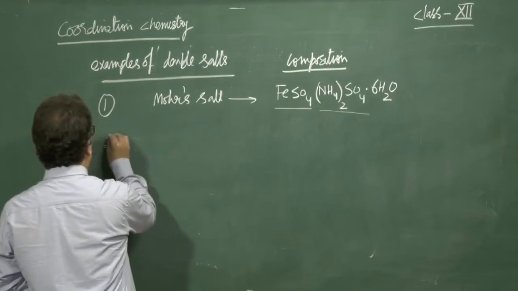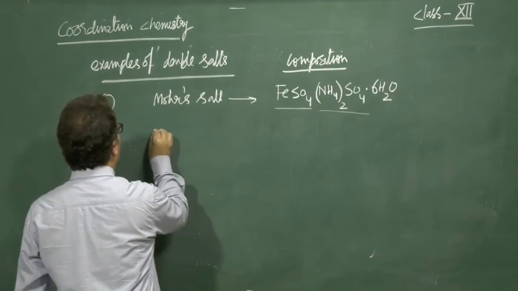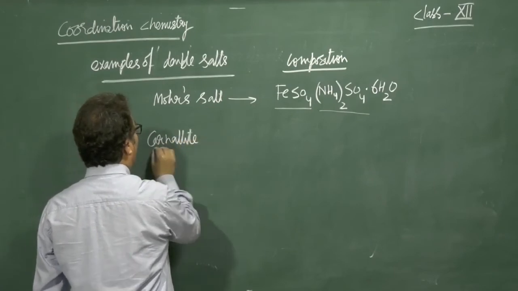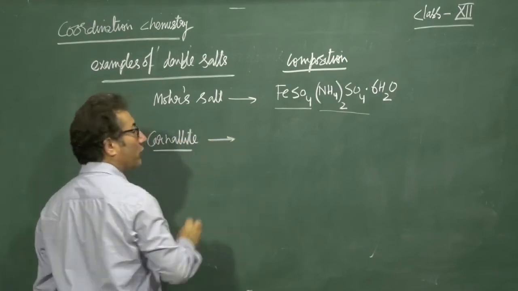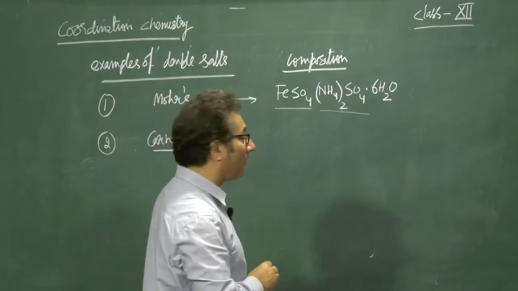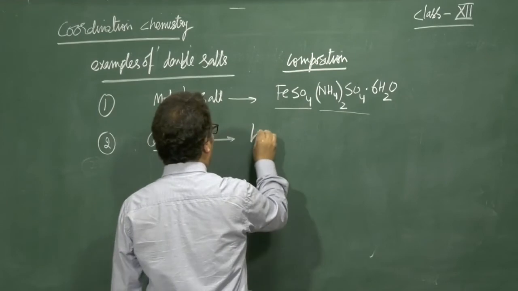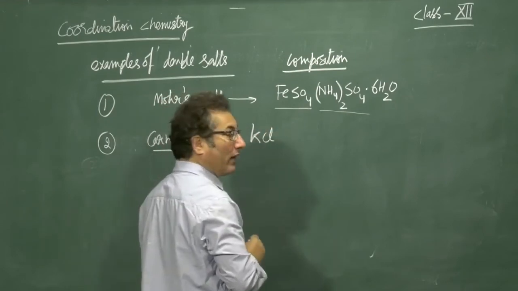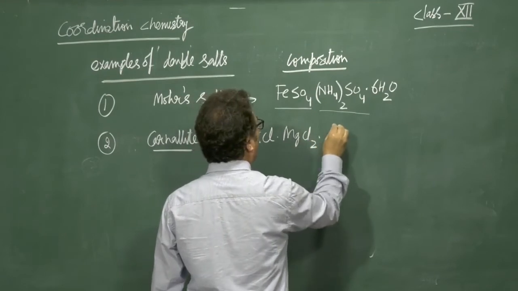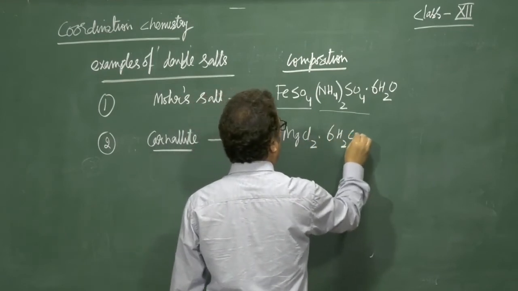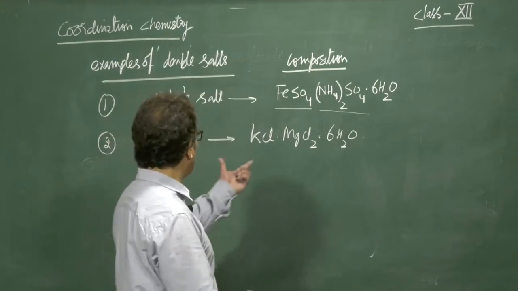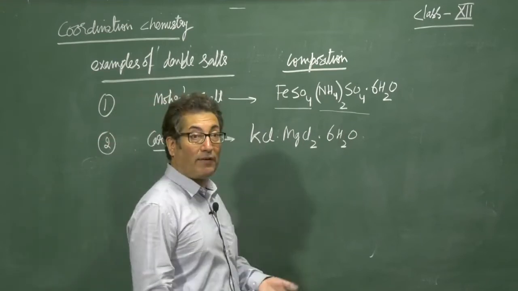The second example we can give is carnallite. Carnallite is an ore of potassium, and in carnallite, potassium is present as a double salt. What is the composition? Potassium is present as potassium chloride, magnesium is present as magnesium chloride, and 6 molecules of water of crystallization. So this is its composition, and you can prepare it in the laboratory. How?